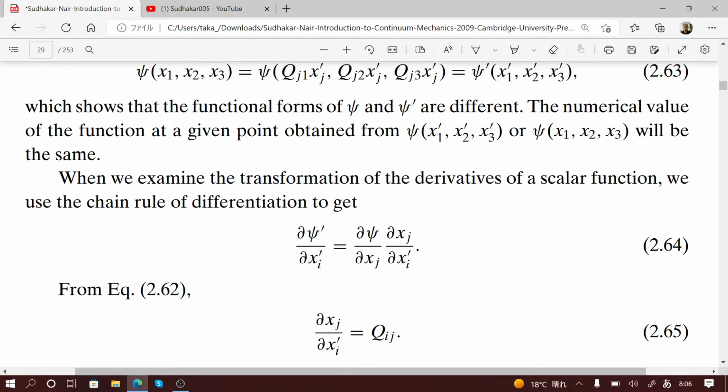Nabla equals e_i partial_i, where partial_i is partial over partial x_i. In the x prime system, we could use partial_i prime equals partial over partial x_i prime.